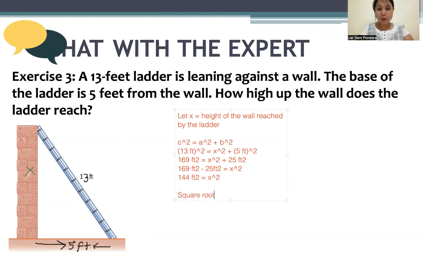Now we find the square root of both sides. We have X squared, the square root is X, and of 144, the square root is 12. Of feet squared, the square root is feet. So the height of the wall where the ladder reaches is 12 feet.